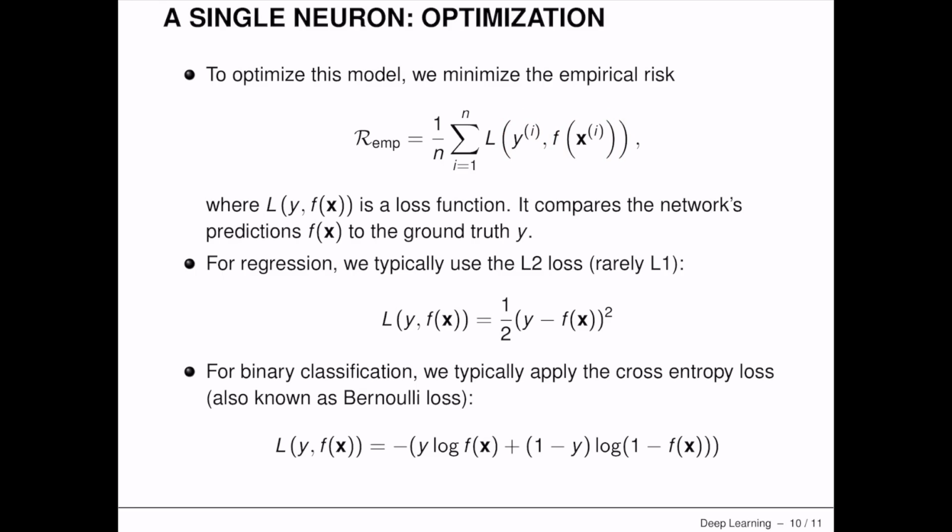In the case of a regression, the loss function is typically the L2 loss, or the squared error, which is just the squared difference between the true label and the output of the network. In the case of binary classification, we usually have the cross-entropy loss, also known as Bernoulli loss.